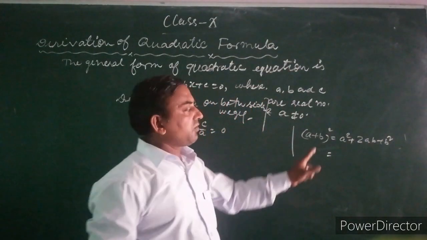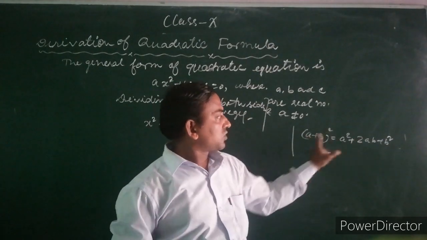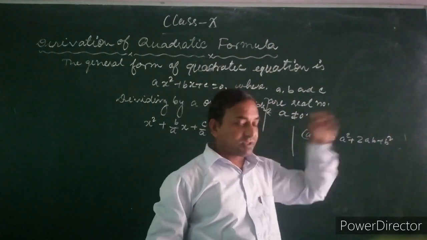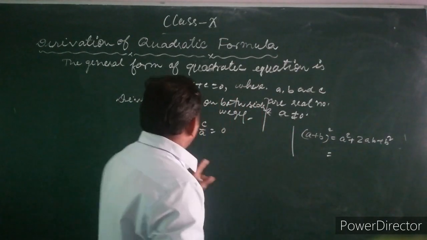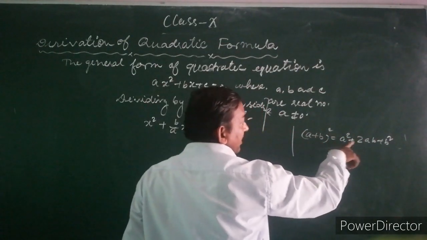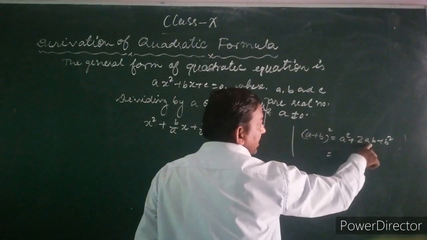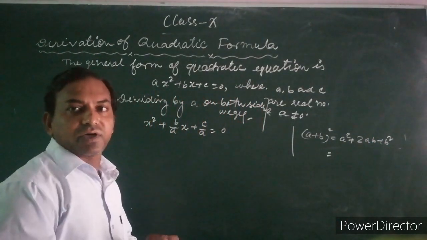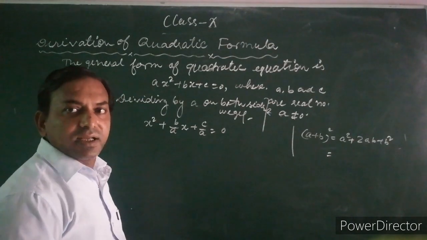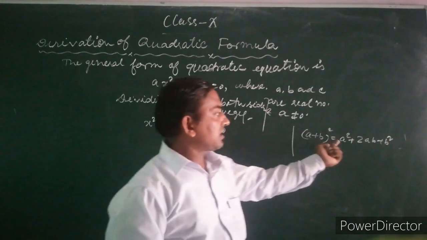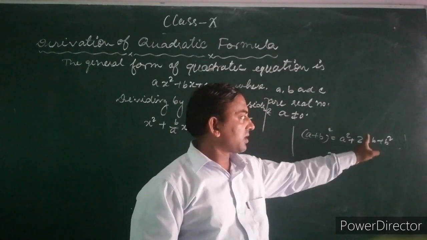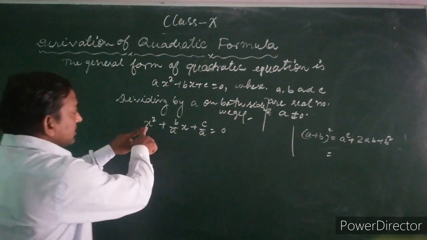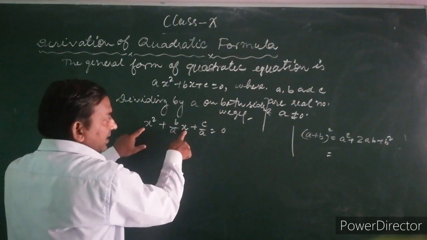That is, first term square plus 2 into first term into second term plus second term square. The middle term is equal to 2 into the product of first term and second term. Clear? To make a perfect square, there are three terms: a square plus 2ab plus b square. 2 is the coefficient of ab. Similarly, here x square and b upon a x.